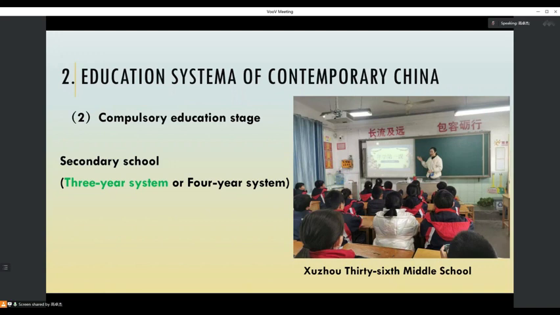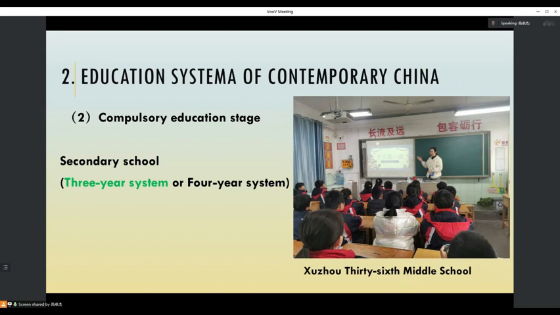This is a difficult examination because the Chinese government wants more people to learn skills in technologies, not in high school. High school is the easiest way to get entrance to college or university.